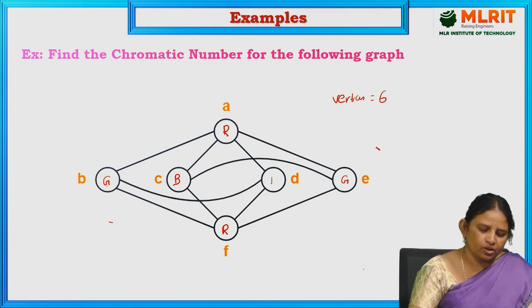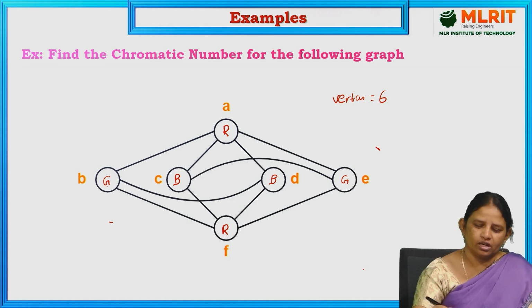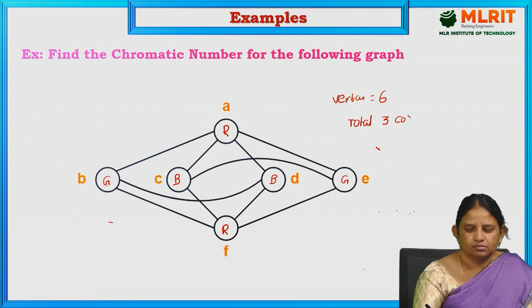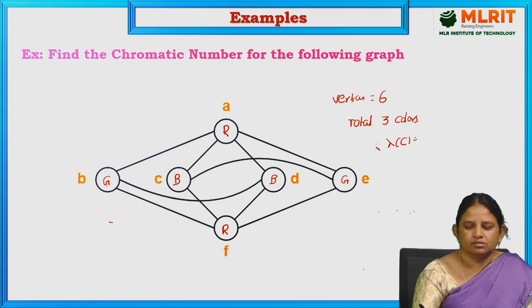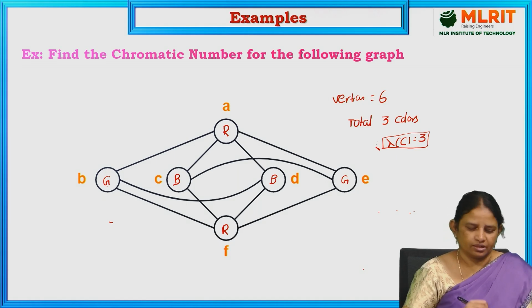We can use blue color because C, D are not adjacent. How many colors are required to color the graph? Total 3 colors. Therefore, the chromatic number is 3. That is the chromatic number for the given graph.